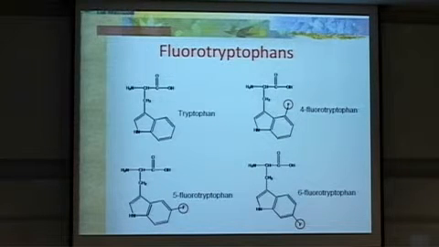And so we test the replacement of tryptophan by 4-fluorotryptophan and 5-fluorotryptophan and 6-fluorotryptophan. 5-fluoro is one of the most poisonous amino acids there is. From bacteria to mammalian cells, they all get inhibited by 5-fluoro.